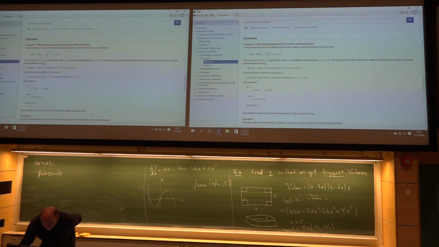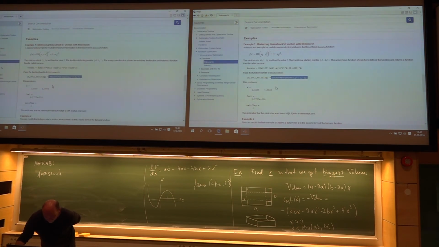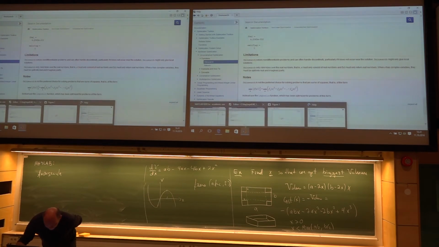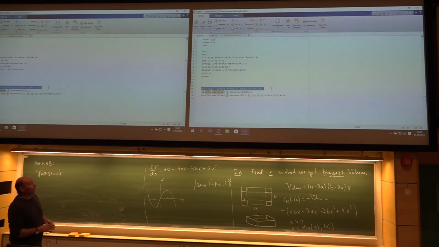Examples. So here you have the banana function plotted here. There's an anonymous function, and then fminsearch. Find the solution. And you have several examples here. So in our example, I use here the cost function.